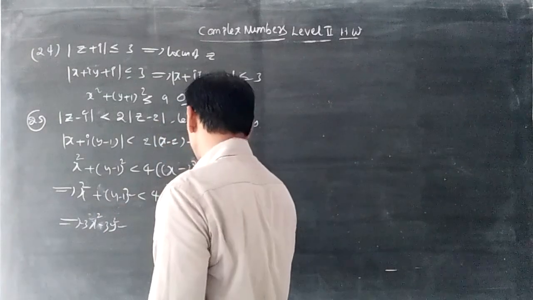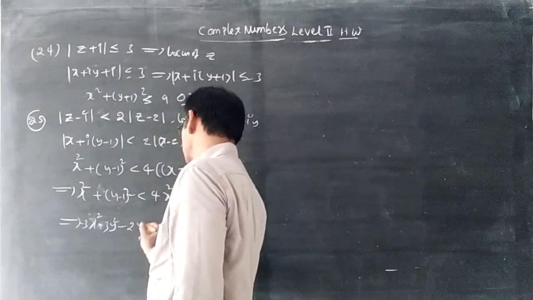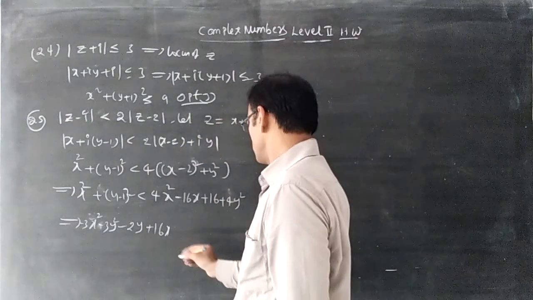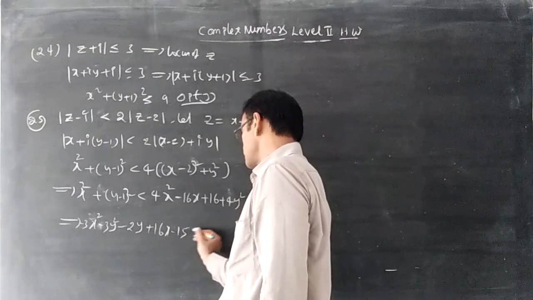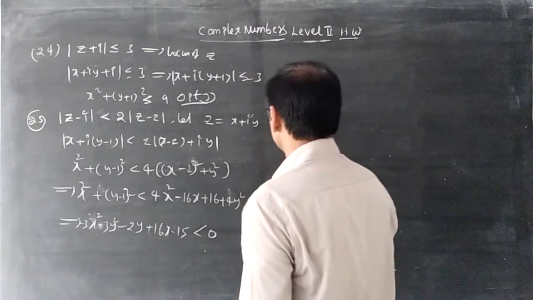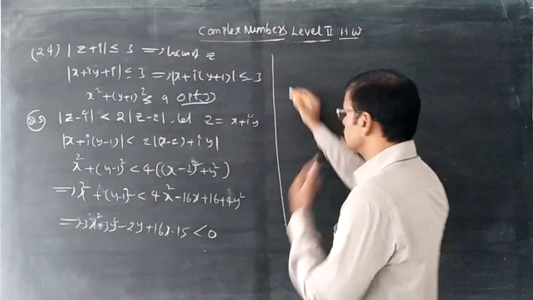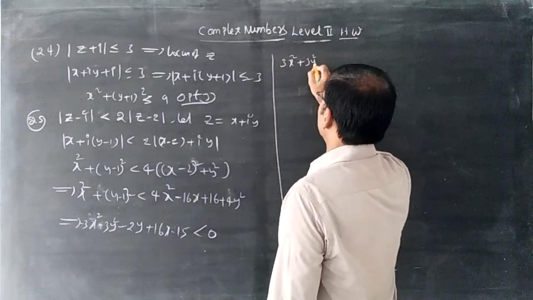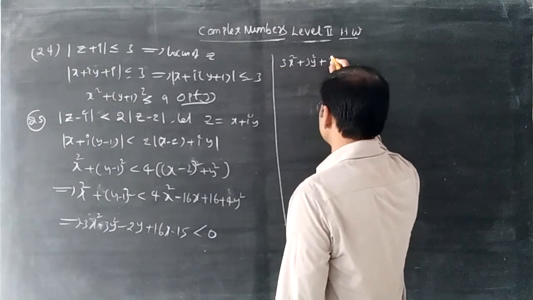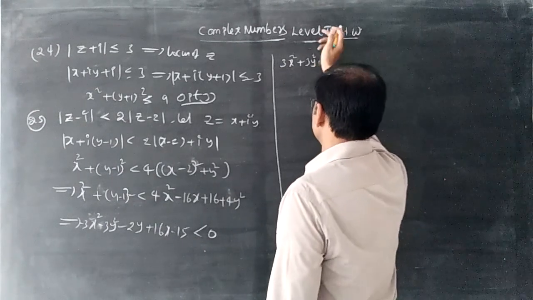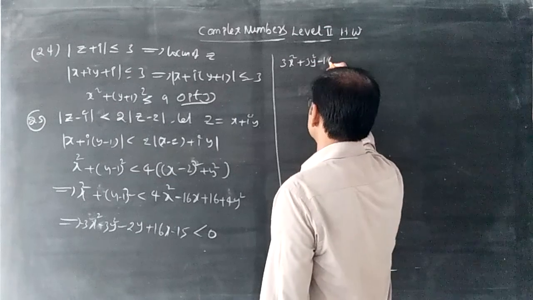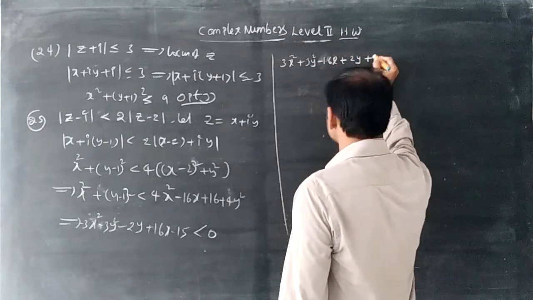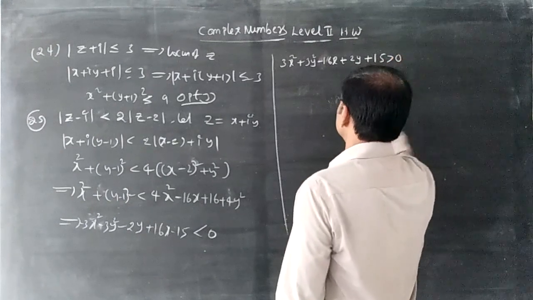This is minus 2y. This is plus 16x. This is plus 1, minus 16 becomes minus 15, everything less than 0. If you multiply the total by minus, it becomes 3x square plus 3y square minus 16x plus 2y plus 15 greater than 0.